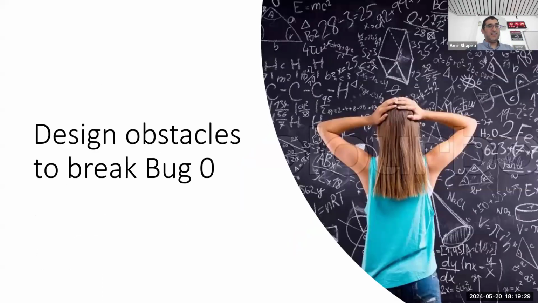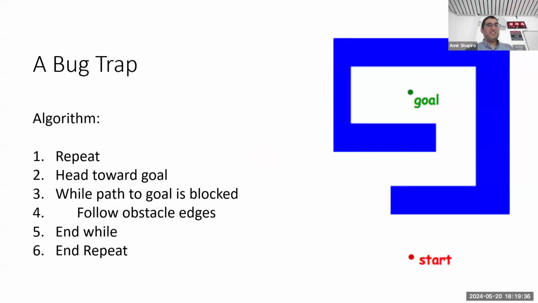As you have said, we can design an obstacle that it won't work on, and you can see such an obstacle here. Let's say when it goes left, it will go directly, then go left, then hit the obstacle, and again go left, and cannot leave the obstacle.